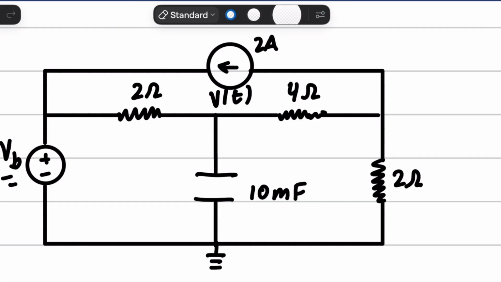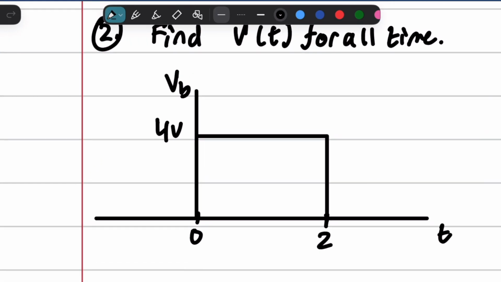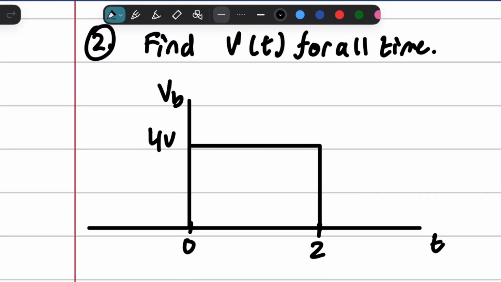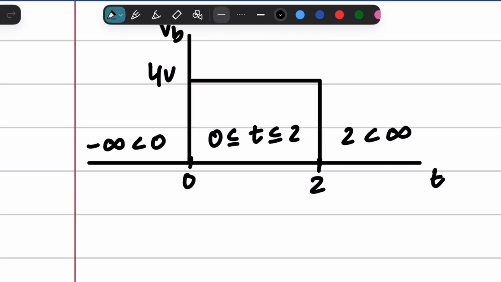We have a 10 millifarad capacitor in the middle, and now for this, we're actually going to have 3 different scenarios rather than 2. We're going to have the negative infinity to 0 period, the 0 to 2 period, and the 2 to infinity period.